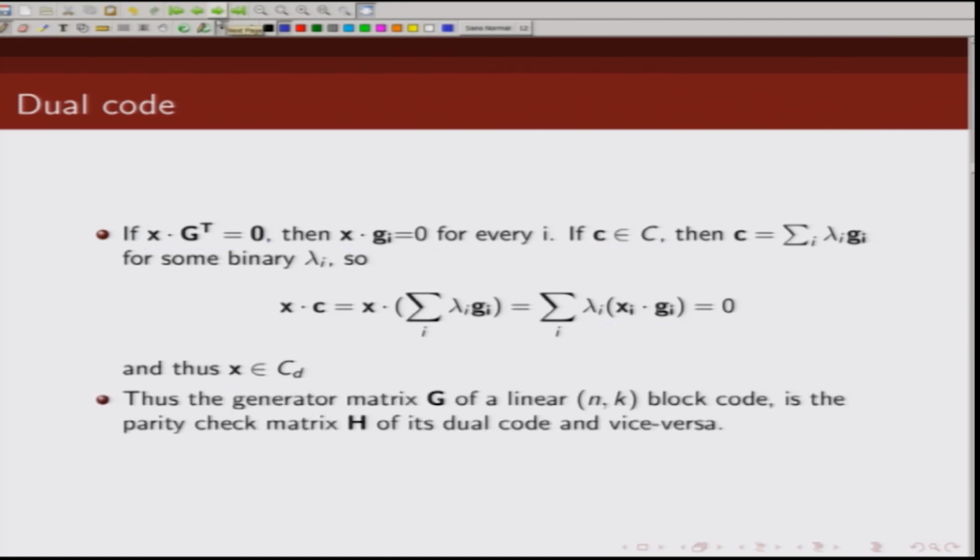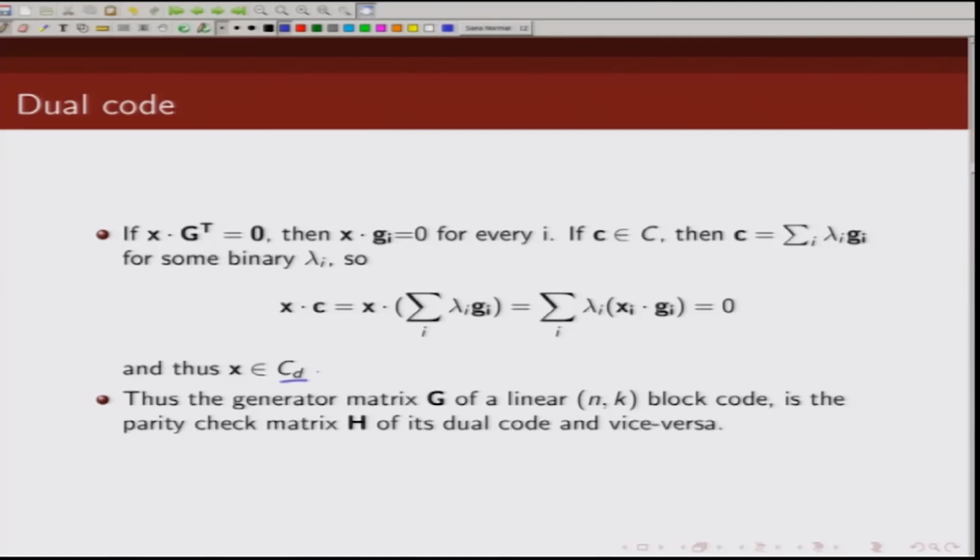Now, we also know that if X belongs to a particular code, let us say the dual code, and X is a valid code word, then this property holds, that the code word times the parity check matrix transpose is equal to 0.